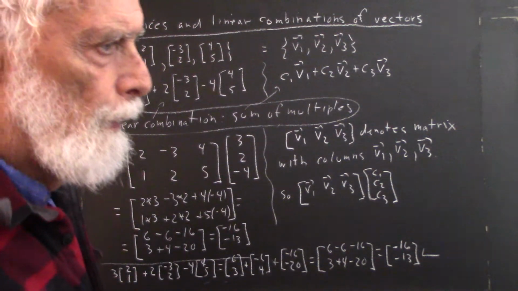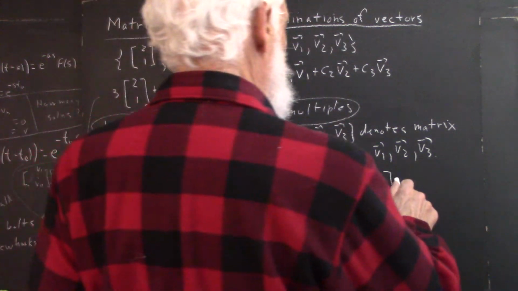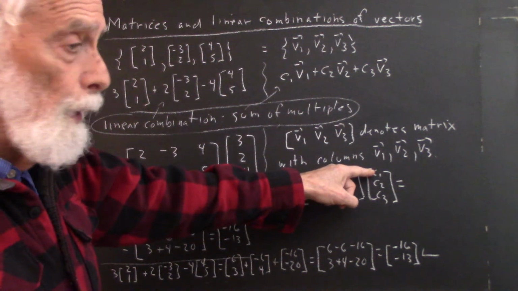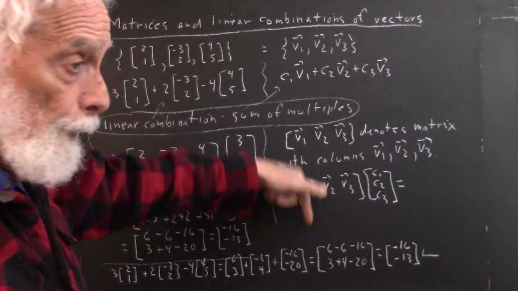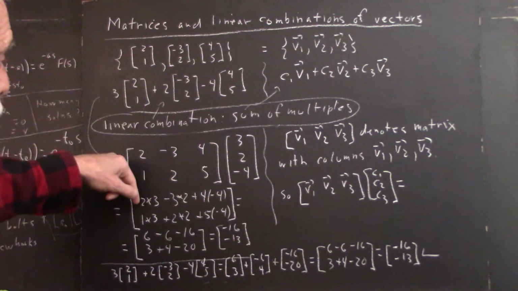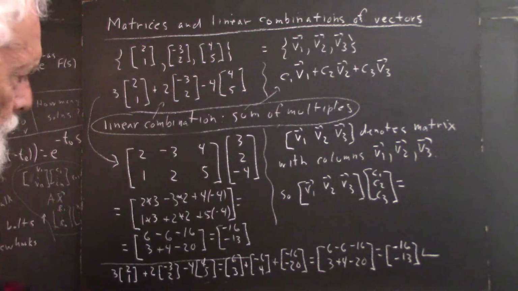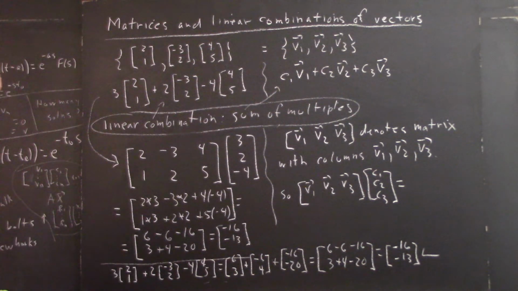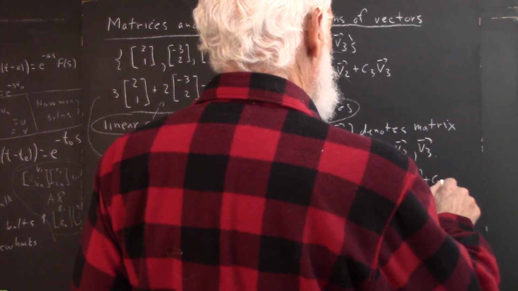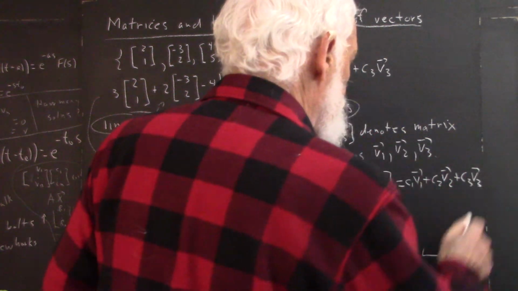V1, V2, V3 multiplied by the column C1, C2, C3, for reasons that we saw over here. C1 is going to multiply everything in the first column because that's the way rows multiply columns. Okay, the 2, 1 both get multiplied by 3. Once when we multiply the first row, once when we multiply the second row, and we see how that works out. So we have C1 V1 plus C2 V2 plus C3 V3.